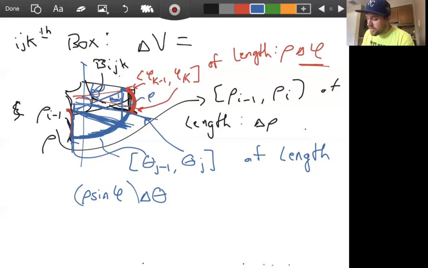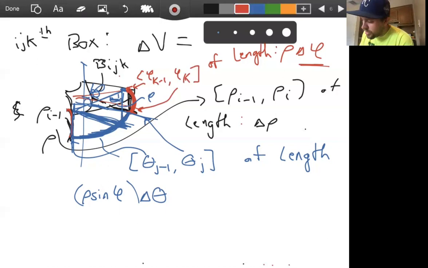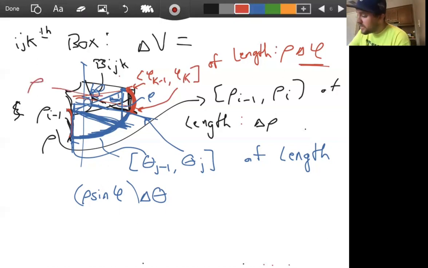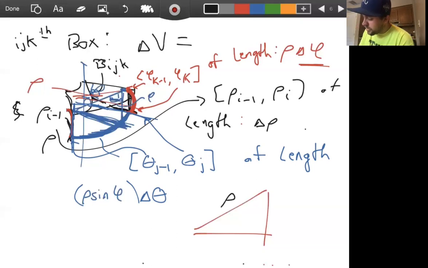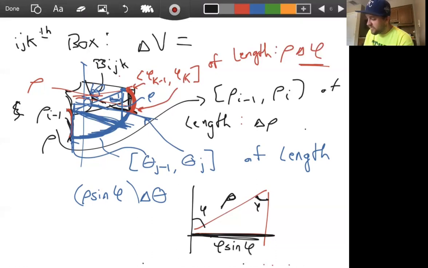And then if you look at this, the hypotenuse being rho in here, right? So what do we have? We have this triangle here. We have rho here. We have that this is phi, and so therefore this is phi, right? But we want the length of this side here. Well, if this is phi and the hypotenuse is rho, this is rho sine phi. And because of that, this distance is rho sine phi, and then that makes the length here rho sine phi delta theta.